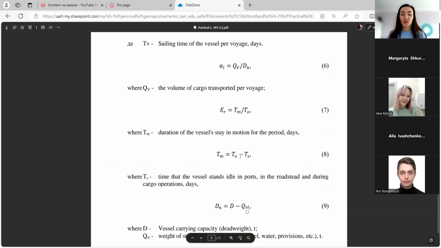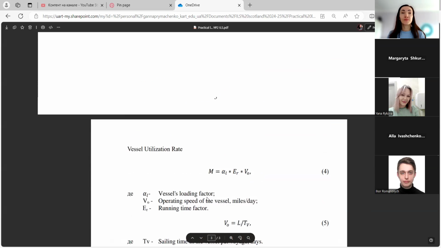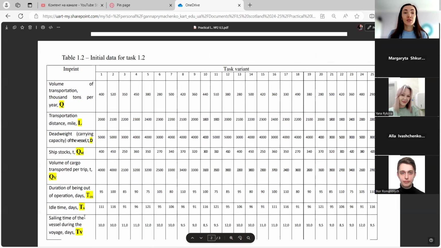Minus, or subtracted, such parameter as t with index s. It is the time that the vessel stands idle in ports, in the roadstead and during cargo operation, also in days, and we can find it in our table 1.2. So find it. It is the second parameter from the near part of our table.